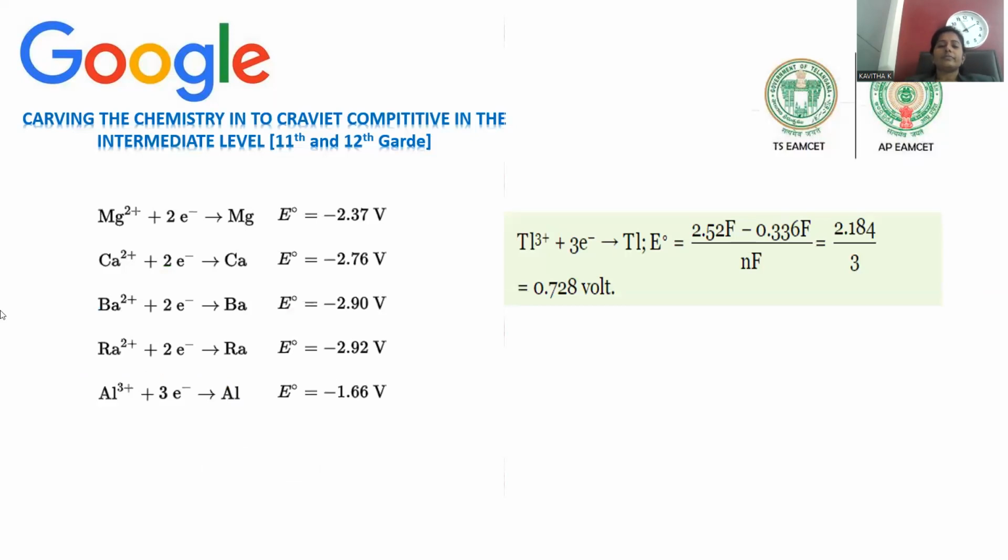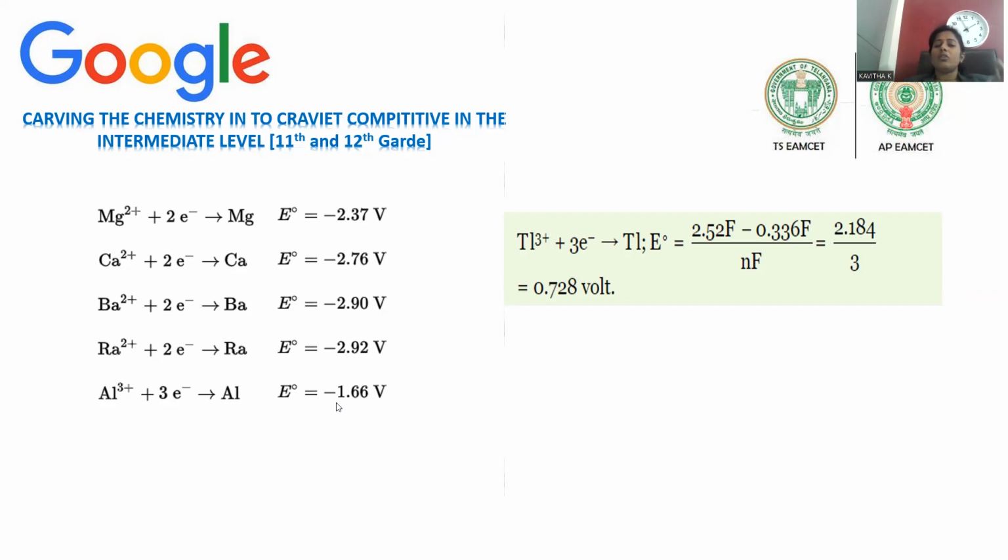Let's see. If you observe, aluminium +3, by accepting 3 electrons, the formation of aluminium metal is possible. All should be mentioned as reduction potential values, and it is given as minus 1.66. Actually, aluminium's natural tendency is oxidation potential, it tends to release electrons, but the electrochemical series must be mentioned in reduction potential.